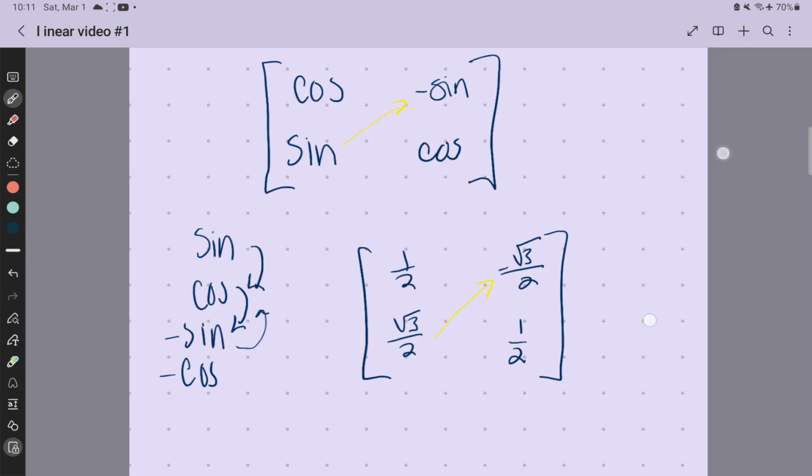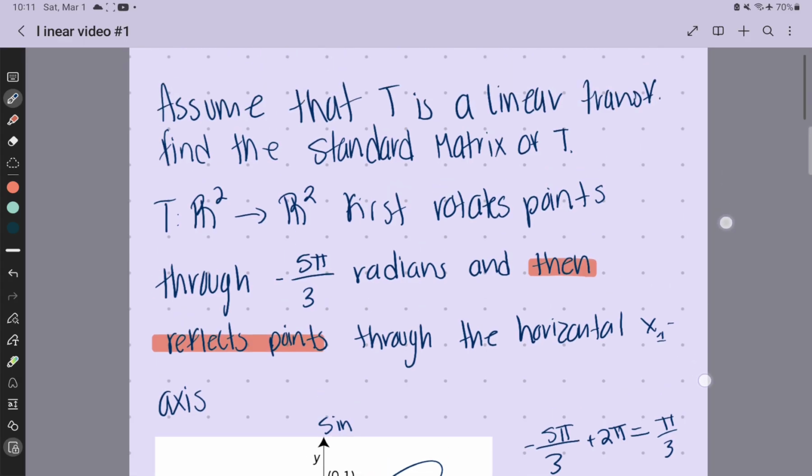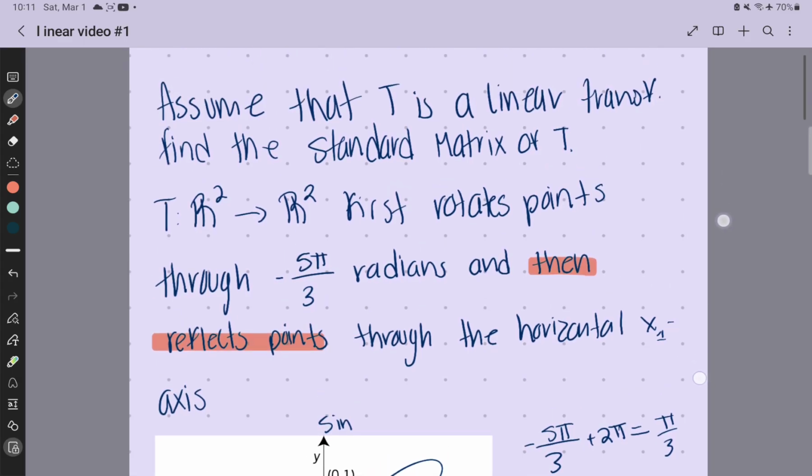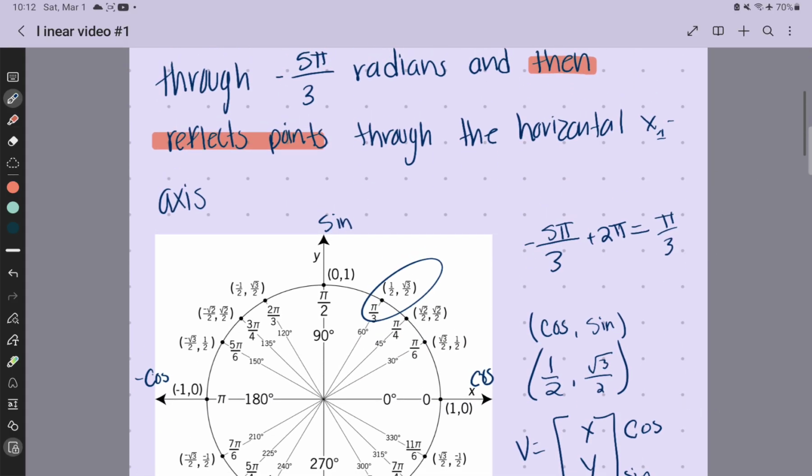Now I'm able to find the standard matrix of T through the horizontal x1 axis and all that stuff, right?